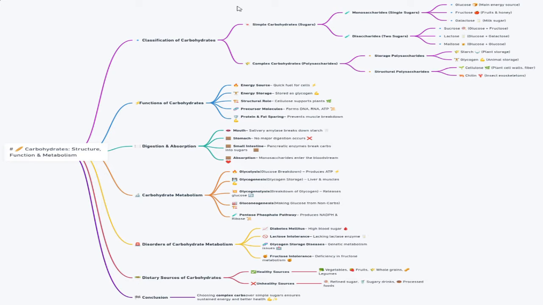So the cyclization leads to a pair of stereoisomers, which are what we call anomers. Either the hemiacetal or the hemiketal carbon is known as the anomeric carbon.